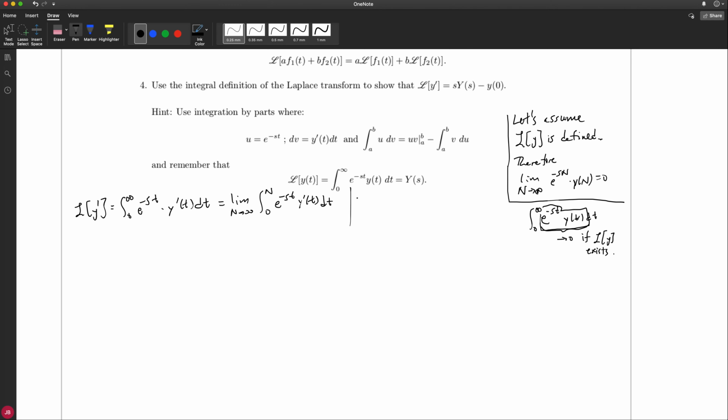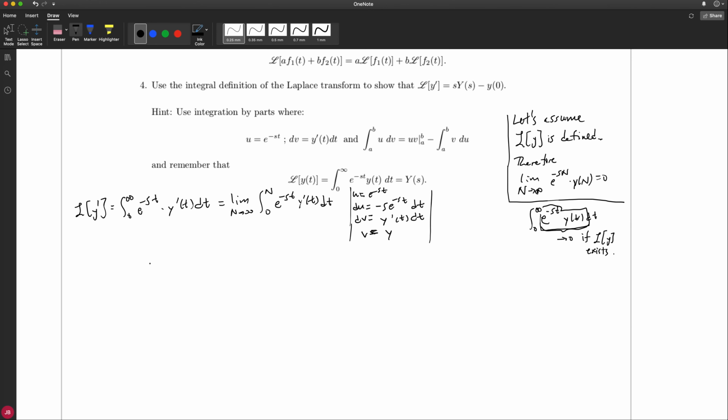And now let's make use of, or excuse me, the integration by parts. So we're going to put u equal to e to the minus st. du is therefore minus s e to the minus st dt. dv is going to be y prime of t dt. And to get v, you just do the antiderivative. Well, that's just y, right?